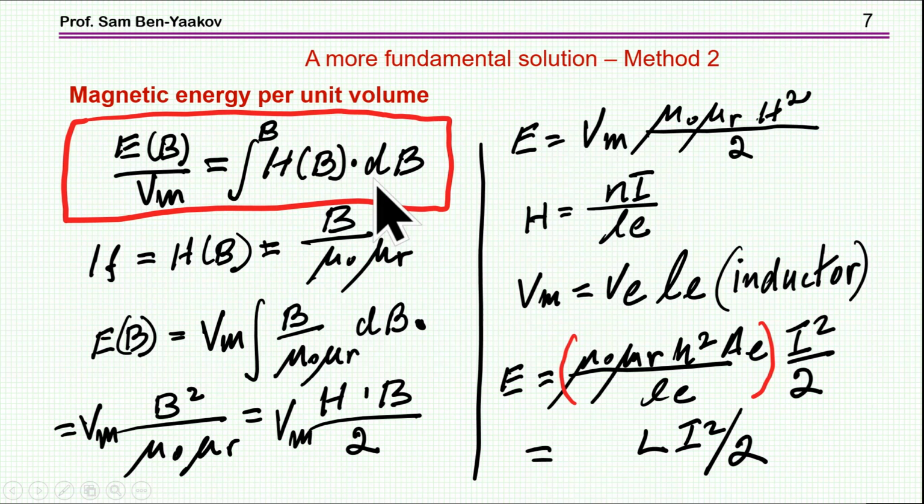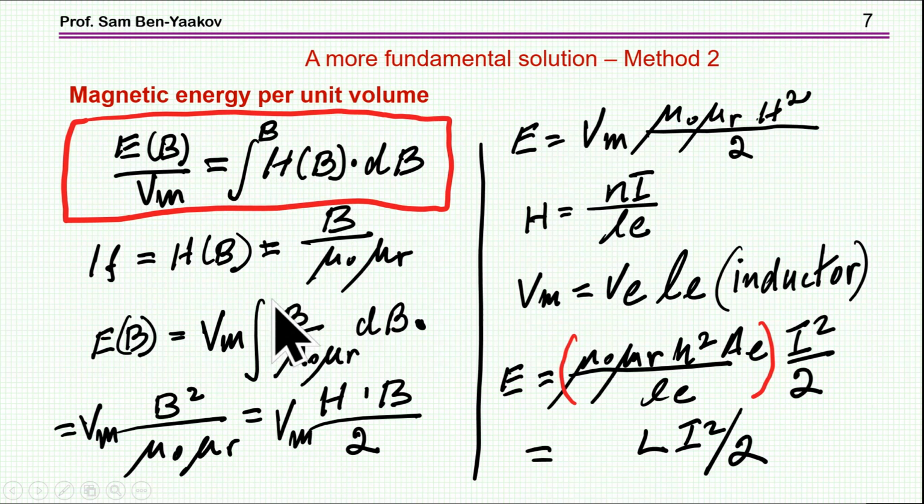It is a defined parameter based on other known parameters, as I've shown, phi or N phi over I. So going back to the roots of electrodynamics, this is the expression for energy per volume: the integral of H with a change of B, for the range of B that we are talking about, when H is a function of B.